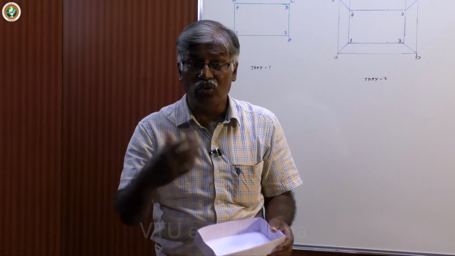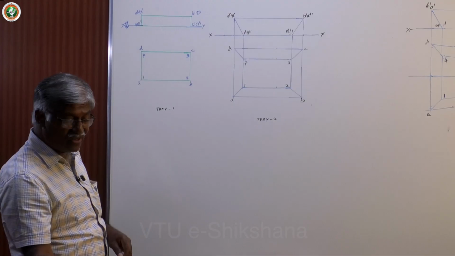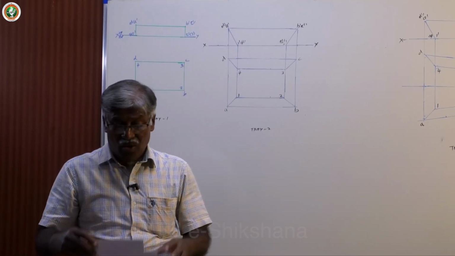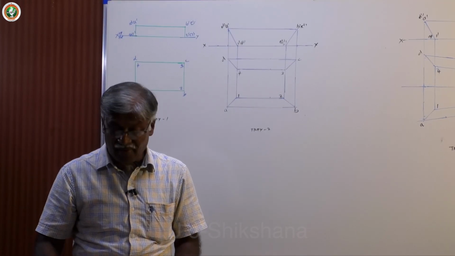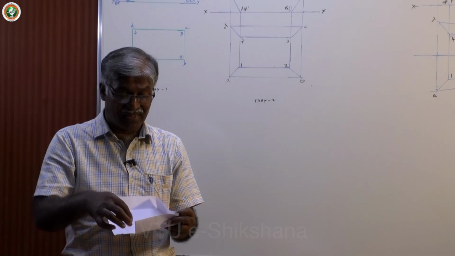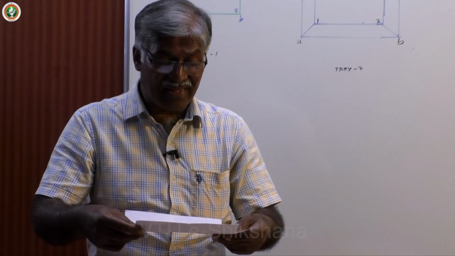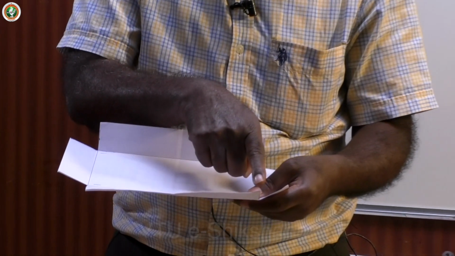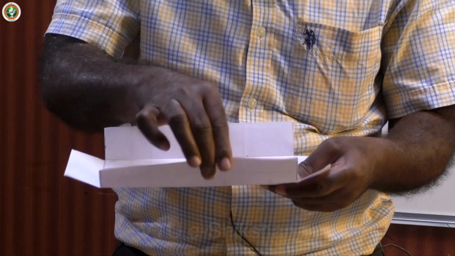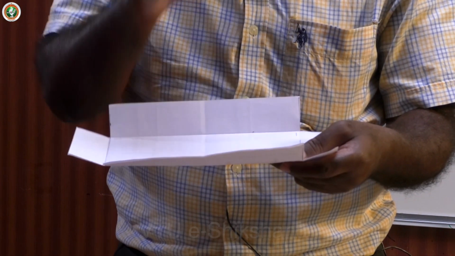But how exactly you do it as per the projection concept. Projection concept is also easier in this case. Now, we have to remember one thing. Whenever you have the tray and then cut open at these vertical edges like this, then you see that the path traced by the corners, top corners, if I rotate like this, it is always perpendicular to the base edges. It is very important.